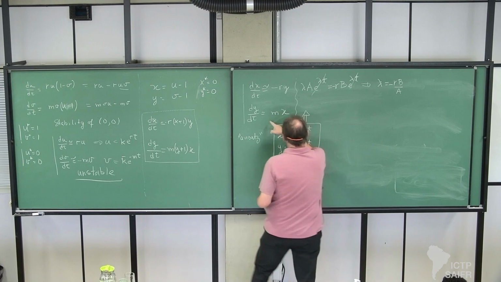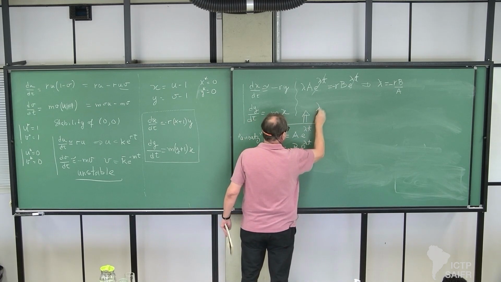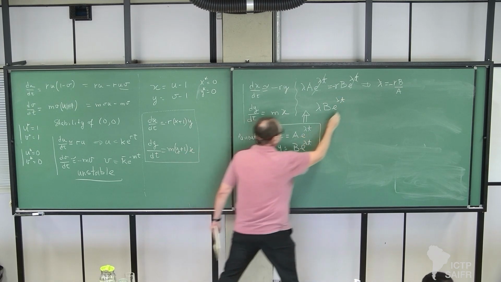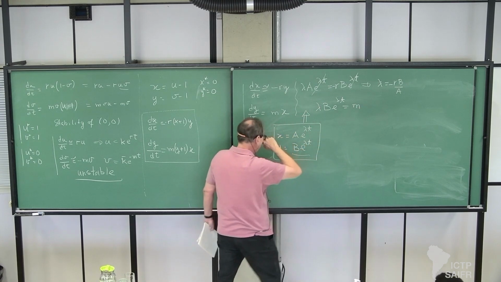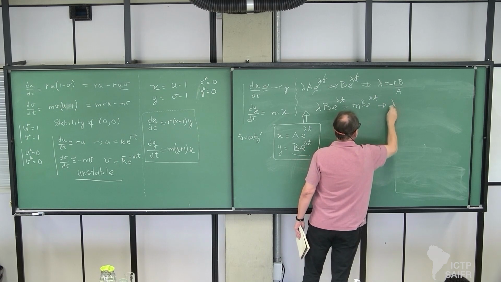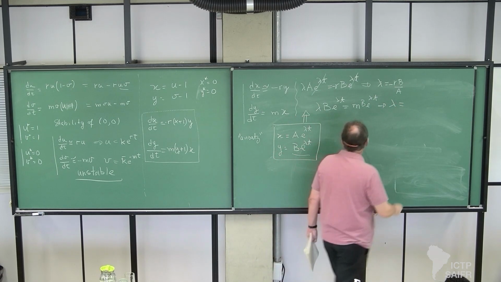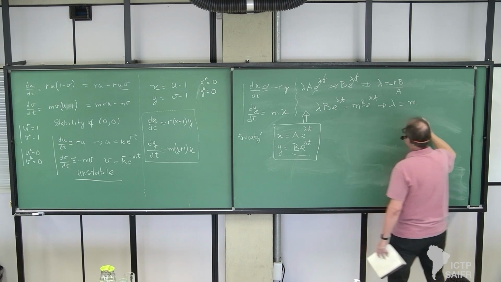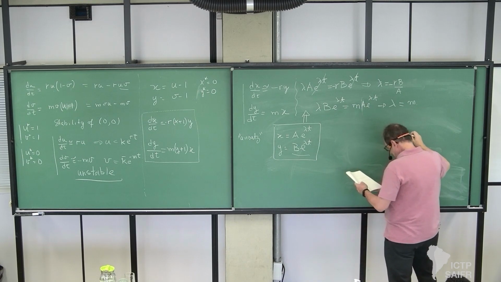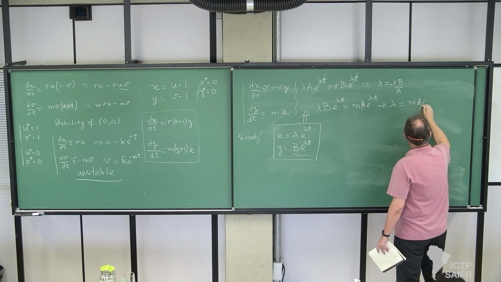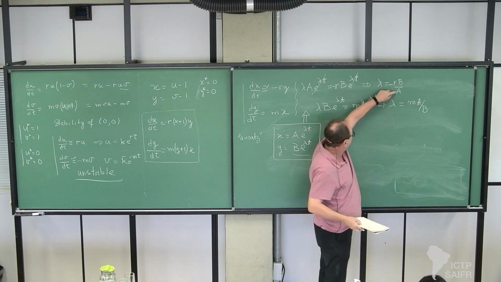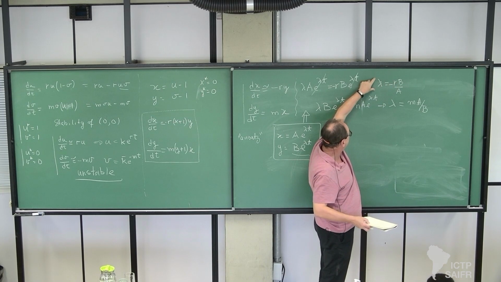Now, here I do the same. I will have lambda times b e to lambda t, which is this term here, and here without any minus sign, m times b e to lambda t, which will give you again some lambda, which will be m times a over b. Now, I know that a over b can be calculated here.